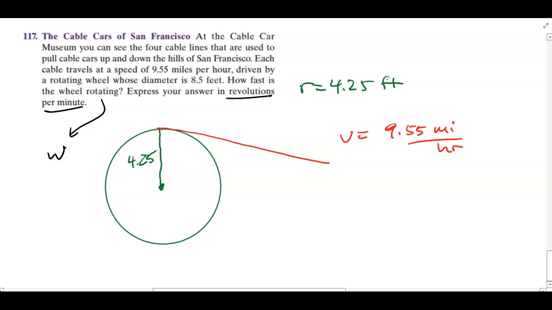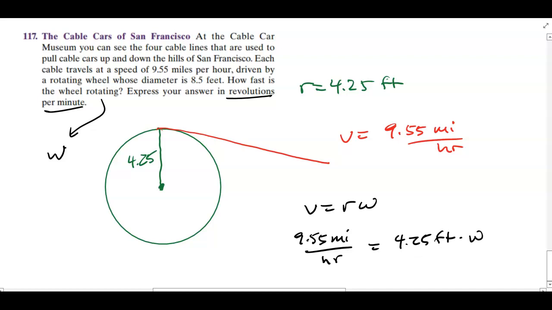Let's see. So we have that velocity is R times W. Velocity is 9.55 miles per hour, and this is equal to 4.25 feet times W.